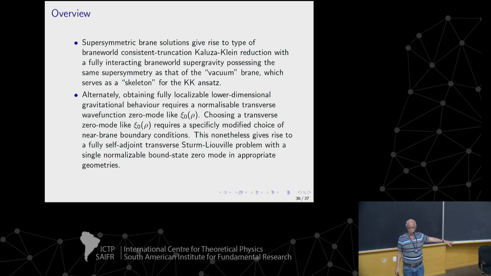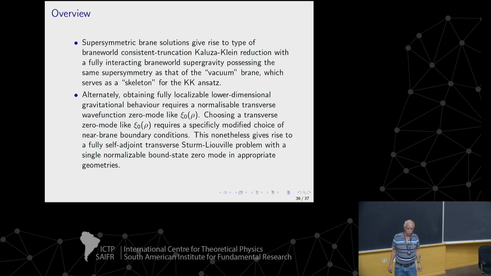Versus the other type, which is the full localizability, which is not a consistent truncation, but it's fully localizable in that it generates an effective theory in the lower dimensions. It's really a full higher dimensional solution, but it behaves like lower dimensional physics.